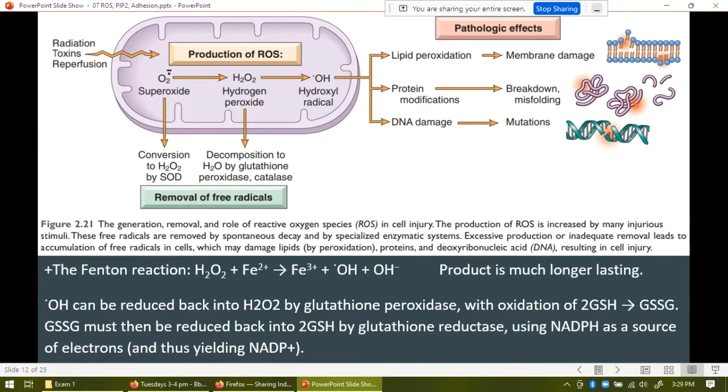And this is why some pathogens that induce a chronic inflammatory response are associated with cancer. This is not the only way that infections can cause cancer, but it's one of them.